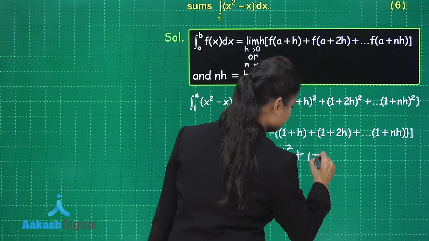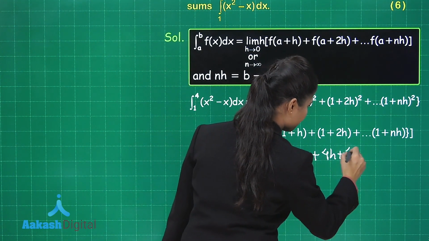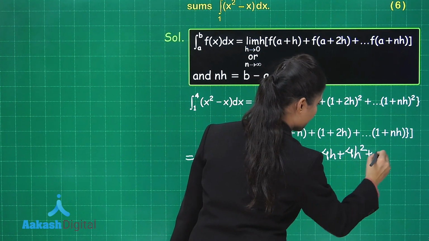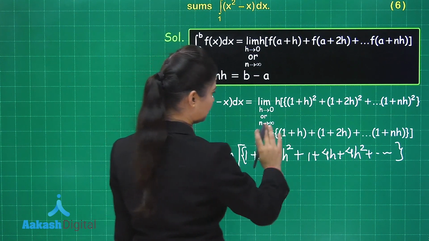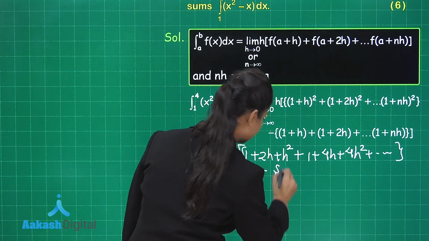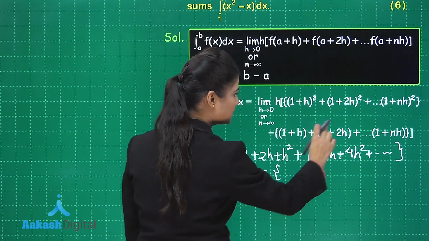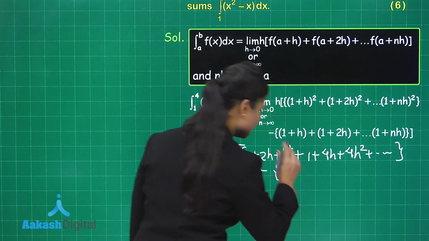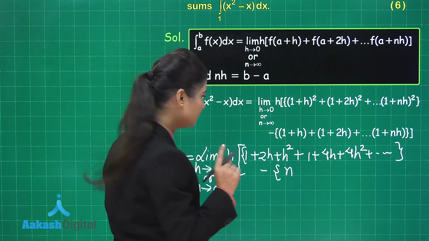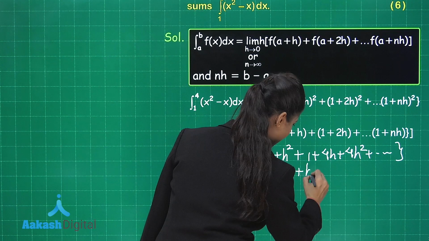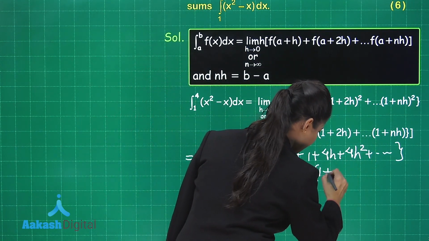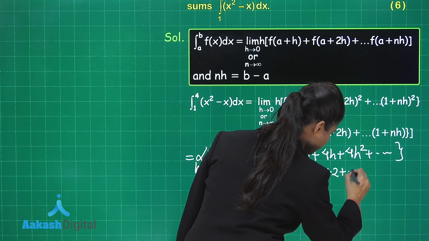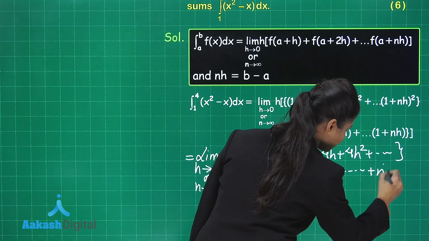Next I get 1 plus 4h plus 4h square, and so on. Next you will find that here we have minus this term where we have 1 plus 1 plus 1 so on till n times. So 1 added n times gives me n, plus I have h into 1 plus 2h plus 3h so on till nh. If I take h common, I get 1 plus 2 plus 3 so on till n.